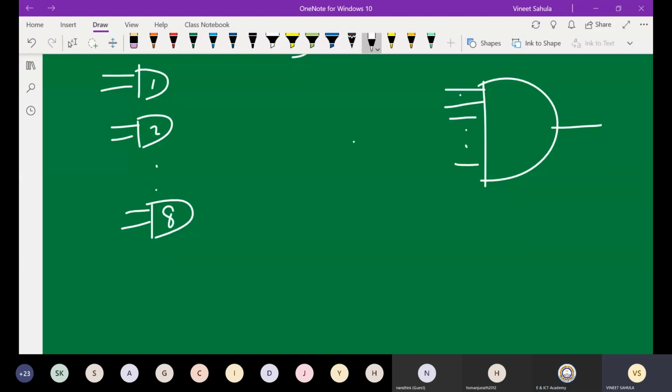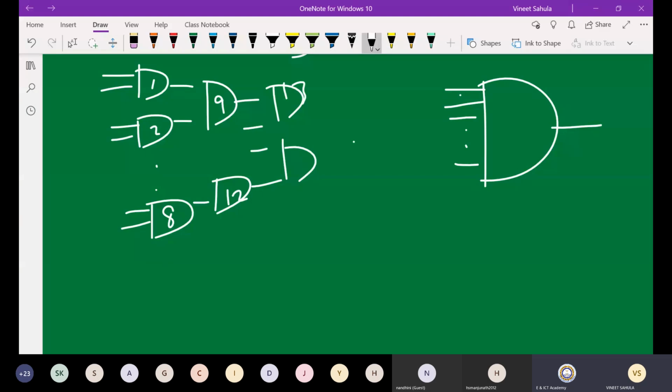Is it okay? Then I have another 8 outputs now. So I further need about 4 more gates, and these are 4 outputs. So I need 2 more gates, and then lastly 1 gate.